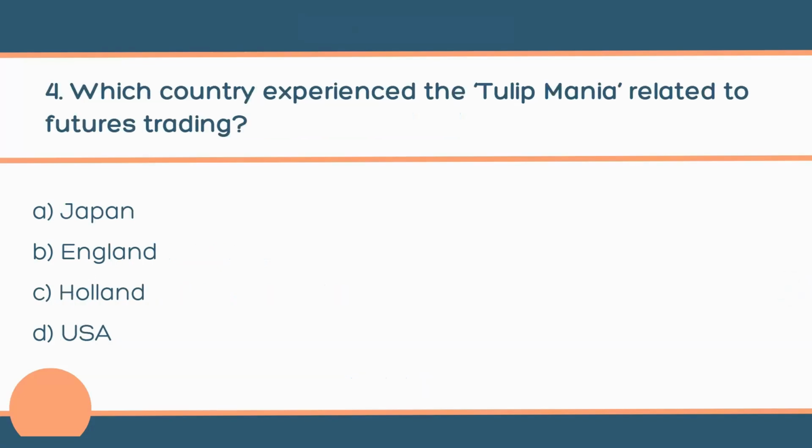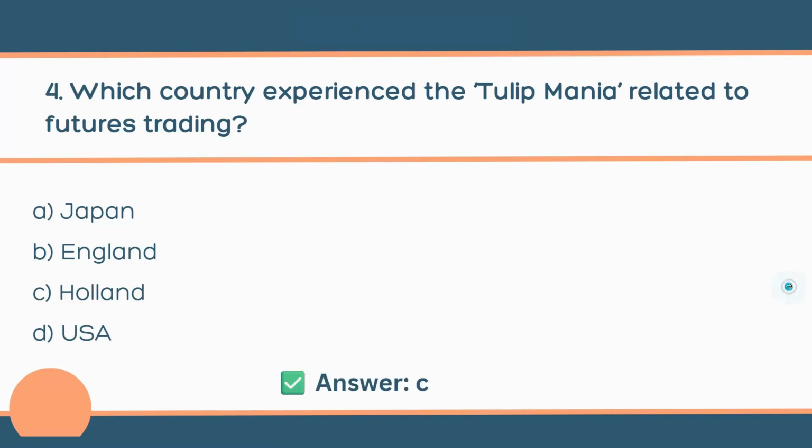Which country experienced the tulip mania related to futures trading? Holland. The first financial bubble, tulip mania, where people traded tulip futures at crazy prices.